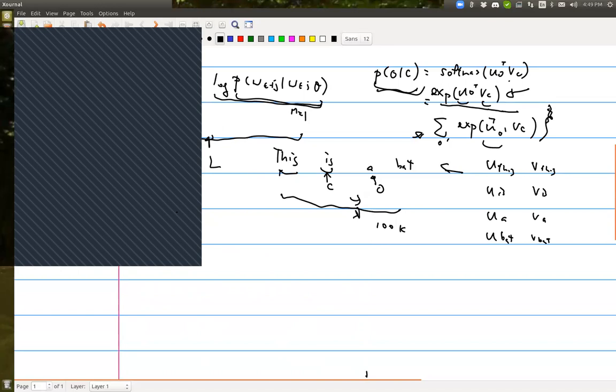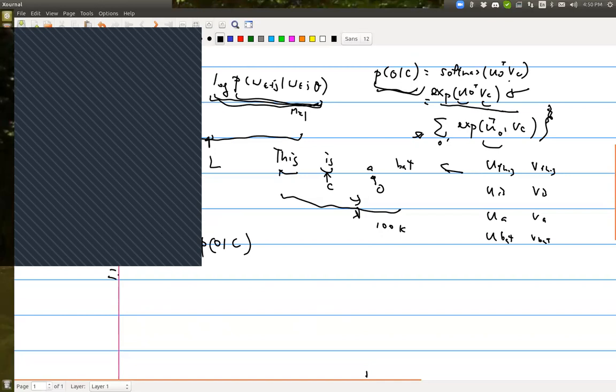Let's look at just one of these terms instead of the entire thing. Just look at minus log P(O given C) for one outside word and one center word.